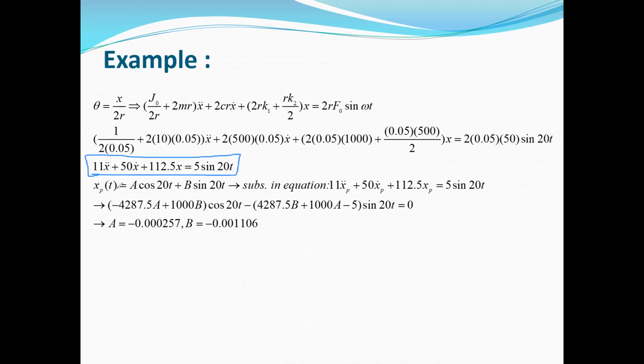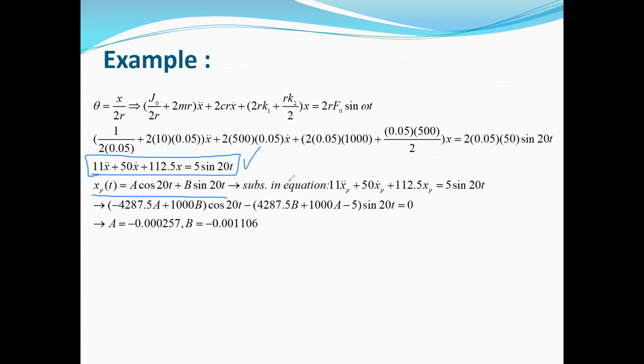So to find the steady state response according to the problem description, or the particular response, because the non-homogeneous term is 5 sine 20t, we can consider that the particular response is a sine 20t plus b cosine 20t, or a cosine 20t plus b sine 20t. This is the particular response. We need to substitute into the main equation. This is the main equation.